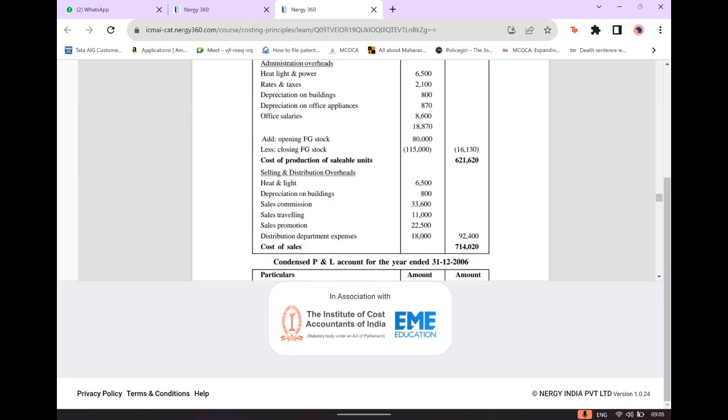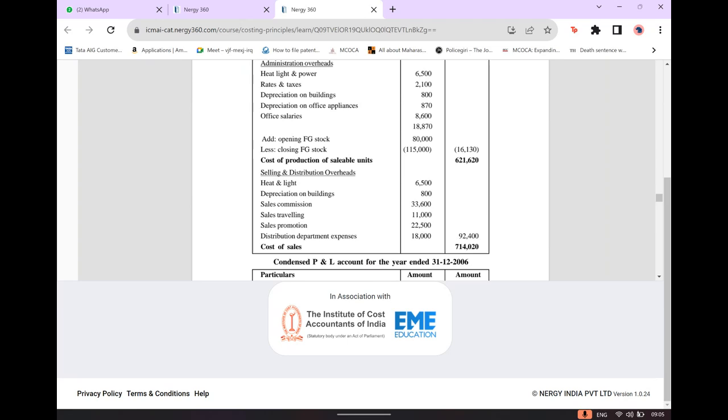Then comes your selling and distribution expenses. So we have light and heat, 1/10 again will come here. Depreciation on building again 1/10 will come here because 8:1:1 is the ratio. Sales commission is attributable only to selling and distribution expenses.